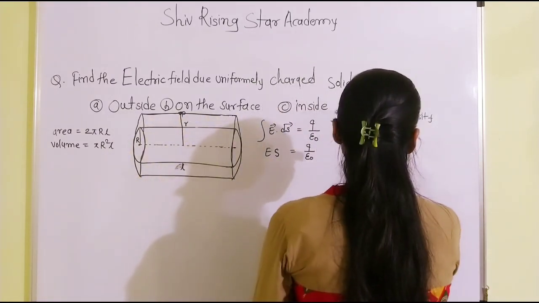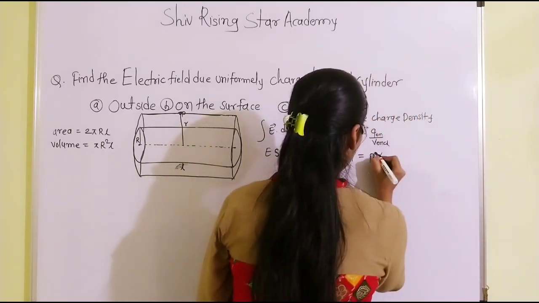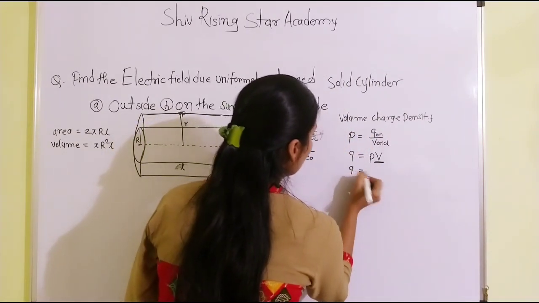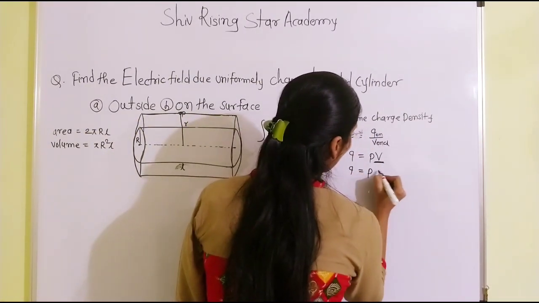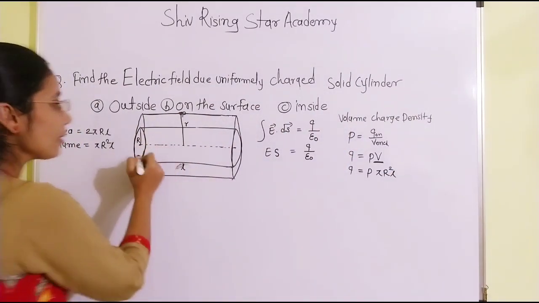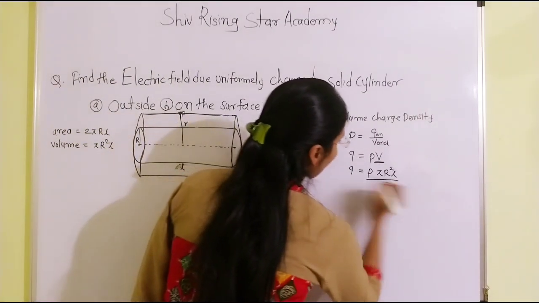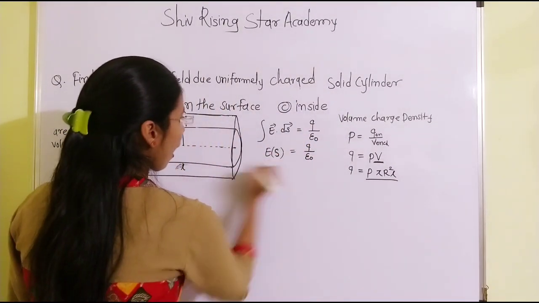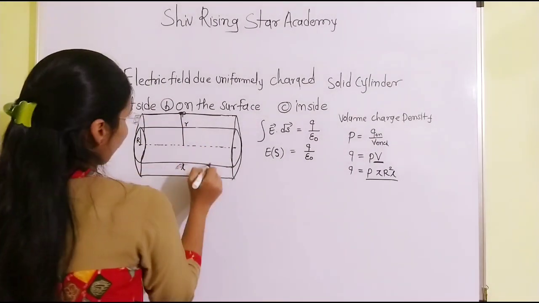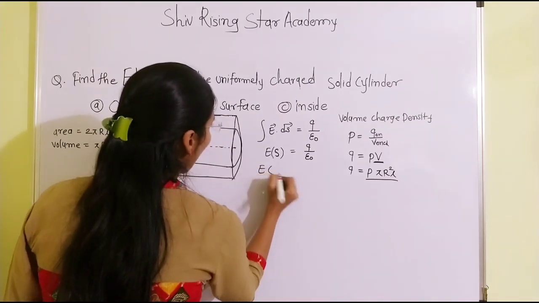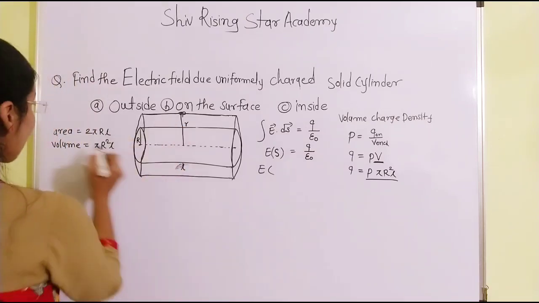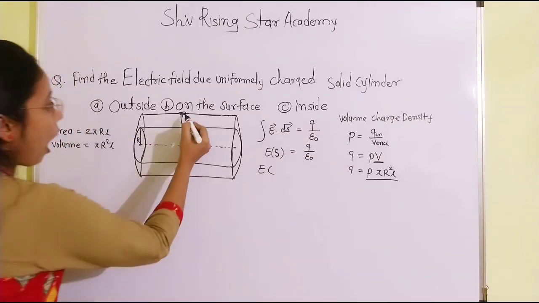Q is equal to rho into V, where V is the volume, and the volume of the cylinder is pi r square L. So Q is rho into pi r square L. And S is the area of this Gaussian surface. So E into the area of the Gaussian surface, and we know the formula for the area of the cylinder is 2 pi r L, where r is the small r.